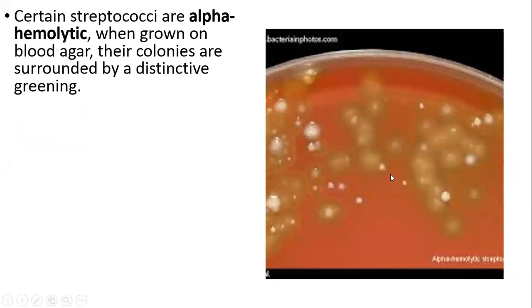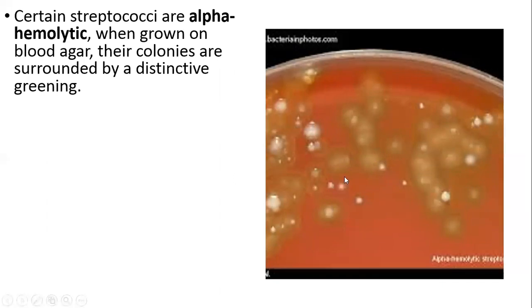I told you that there are two types of hemolysis: complete hemolysis and partial hemolysis. One of the types is the partial hemolysis, also known as alpha hemolysis. When the RBCs are partially lysed, there is no clear zone of hemolysis.